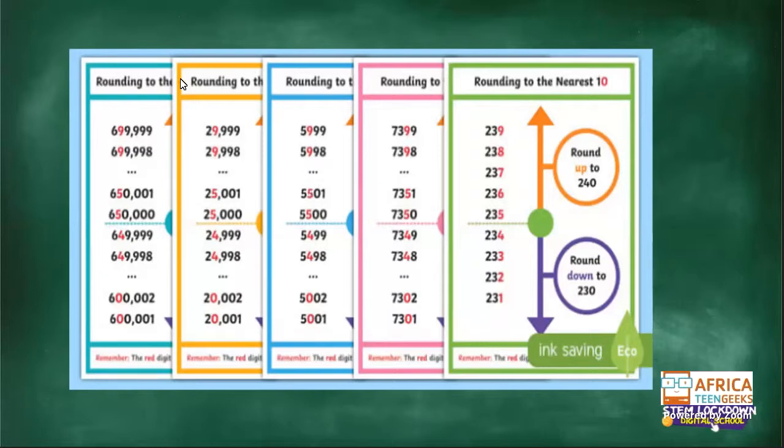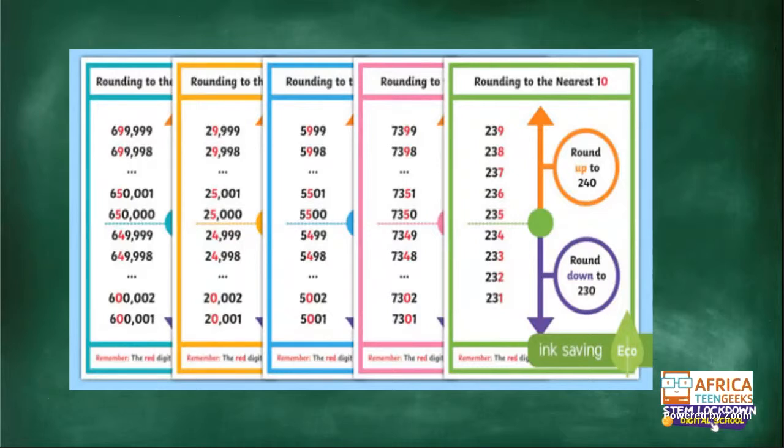Now looking at the yellow box, we are rounding off to 10,000. Right? We are rounding off to 10,000. The yellow box here, any number starting from 25,000 right up to 29,999 will be rounded up to 30,000.